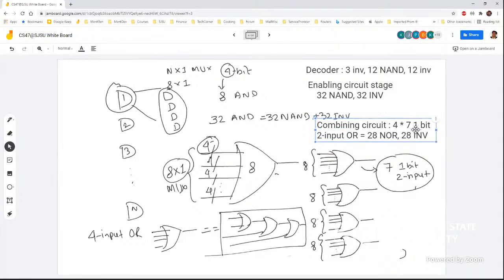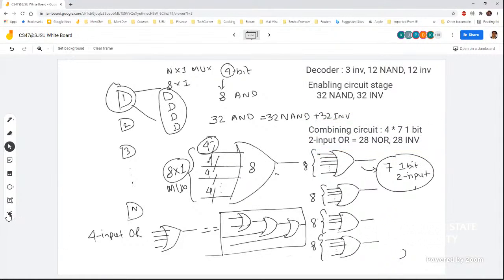Now we combine all these components. We have 3 inverter, 12 inverter, 32 inverter, 28 inverter. If we add them up, 47 plus 28, 47 plus 20 is 67 plus 8, 75.